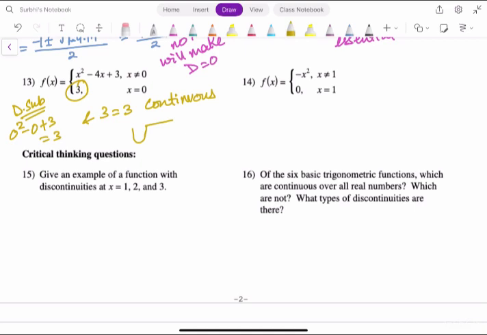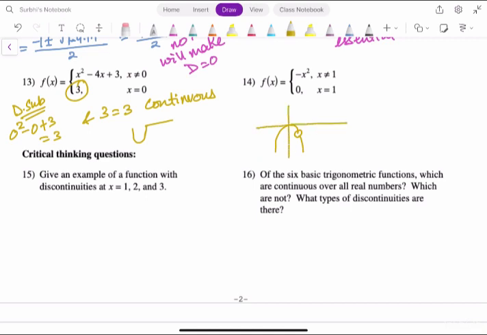Number 14. Again, we have a piecewise function. And if I graph it, it is a negative x squared. So its U shape is downward facing because it is a negative square function. And it will have a hole at 1. Right? Because it says x cannot be equal to 1.